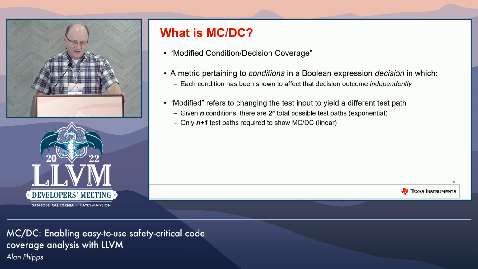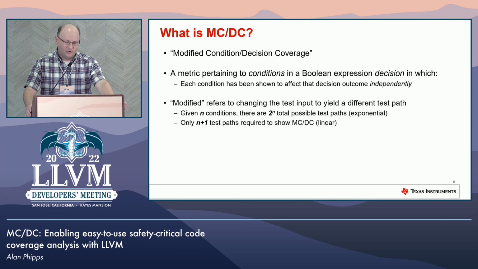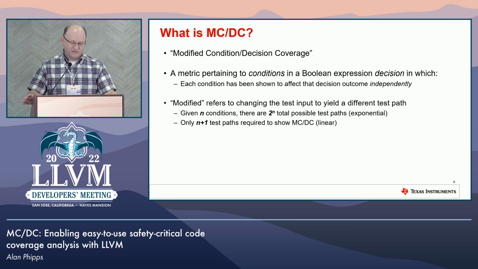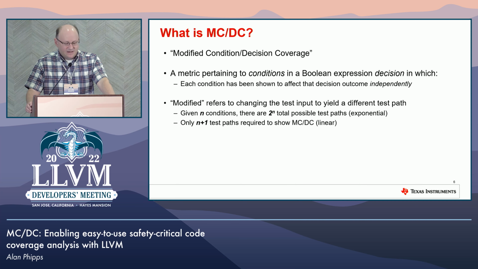It's called modified because we can change the test input to yield different test path flows through the Boolean expression, through the control flow. And ordinarily, as I mentioned, given n conditions, there are 2 to the n possible test paths. This is exponential. MCDC is a linear approach. It requires only n+1 test paths to be executed.